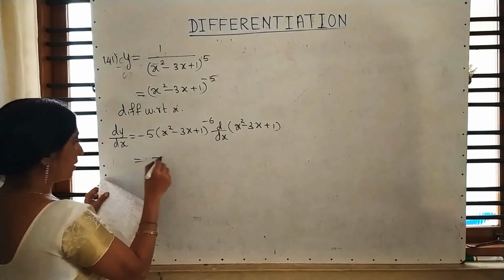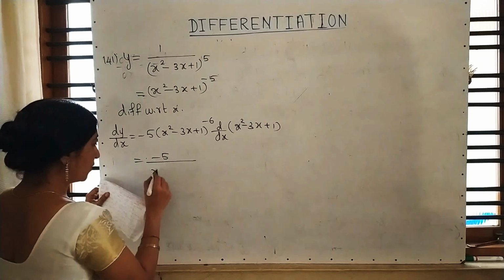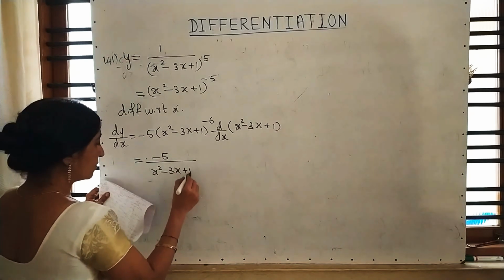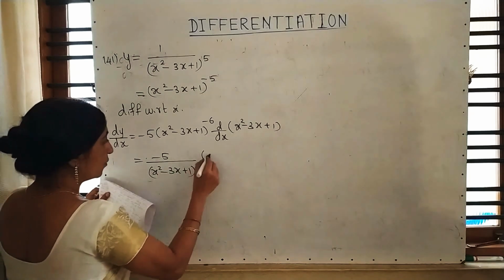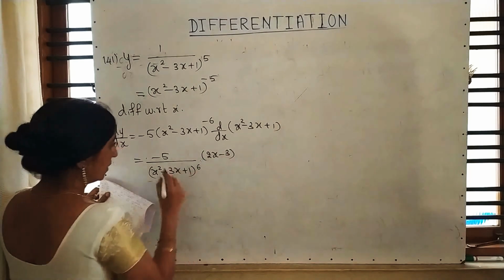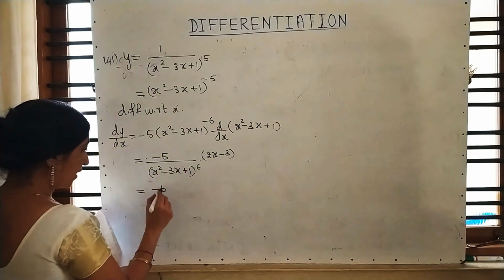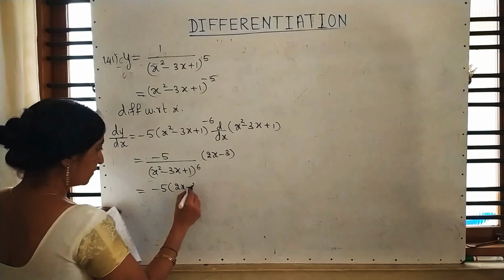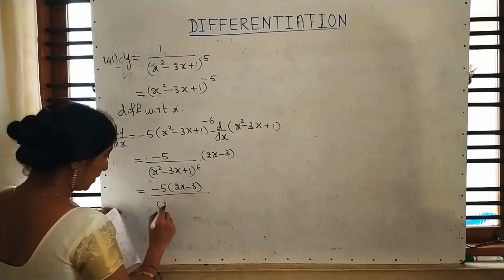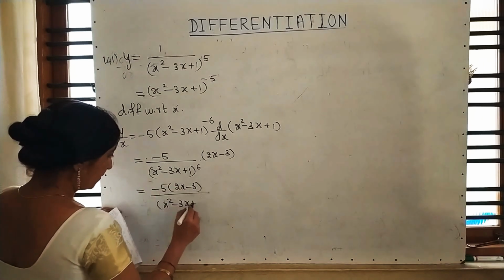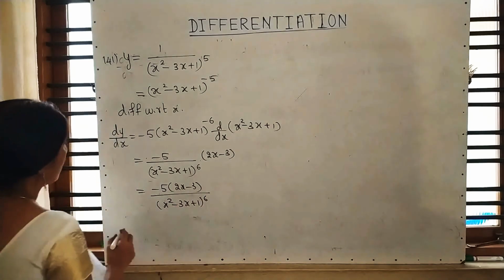That you write in the denominator because of a negative number, into 2x minus 3. If you want you can combine this, or you can take minus 5 inside the bracket. Next.